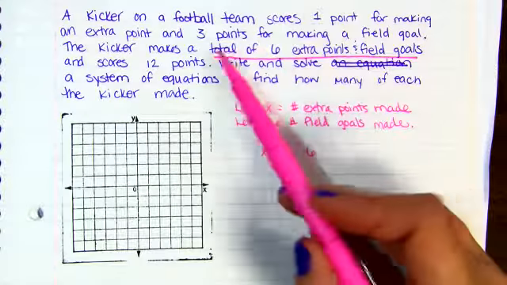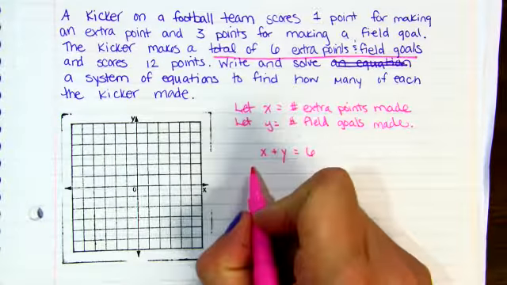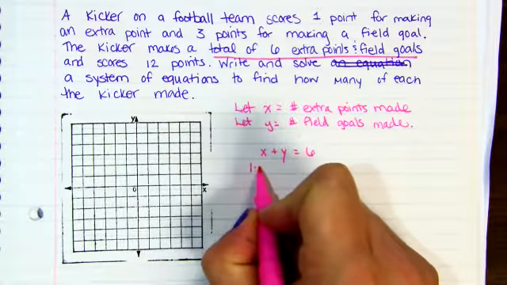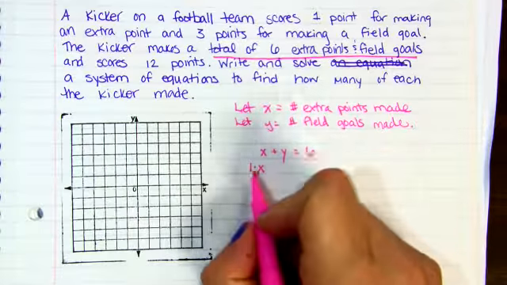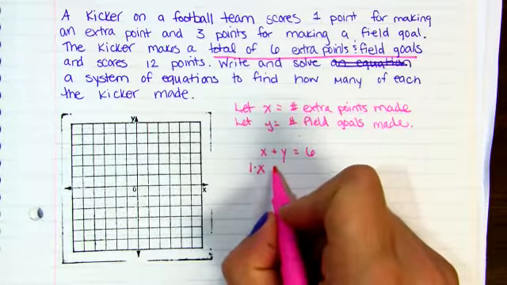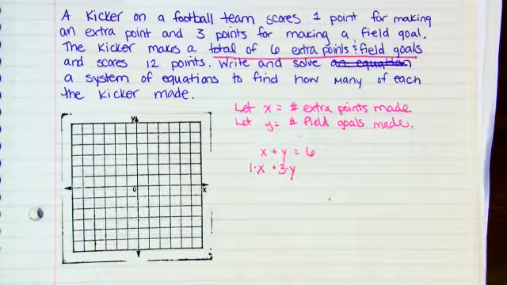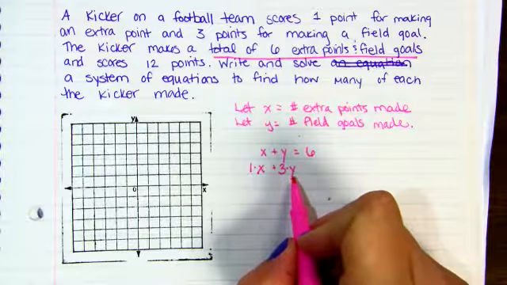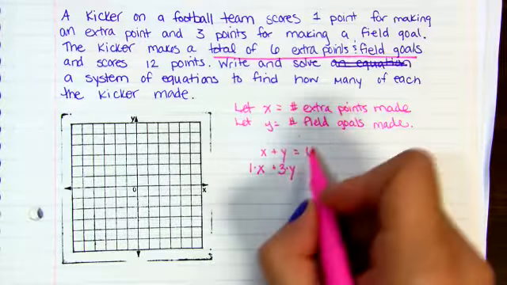And then we also know that the total number of points is 12. So 1 point per extra point would be 1 times x. That's how many points you get from extra points. You get 3 points per field goal. So 3 times the number of field goals tells you how many points you get from field goals.